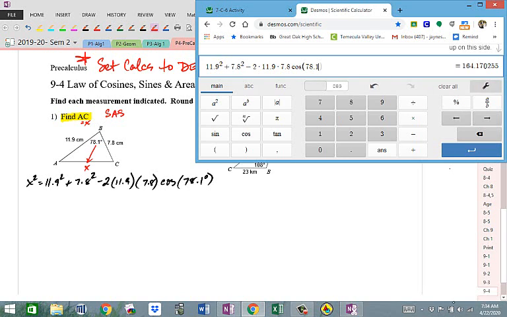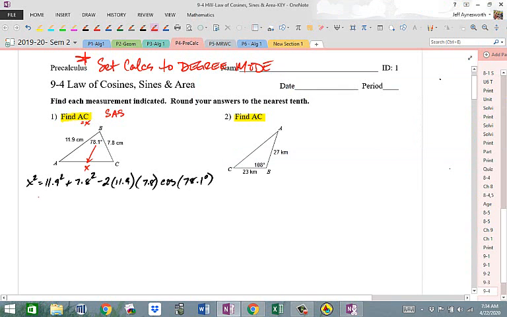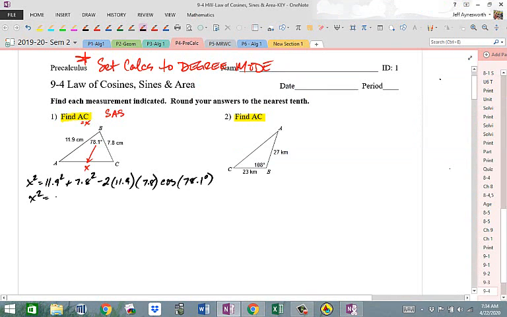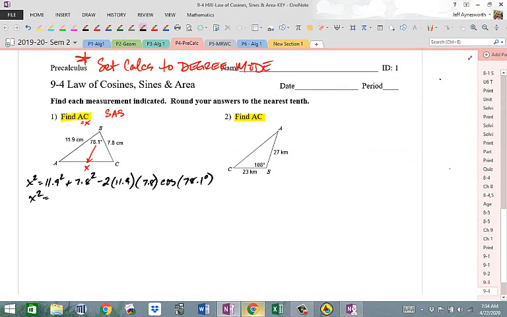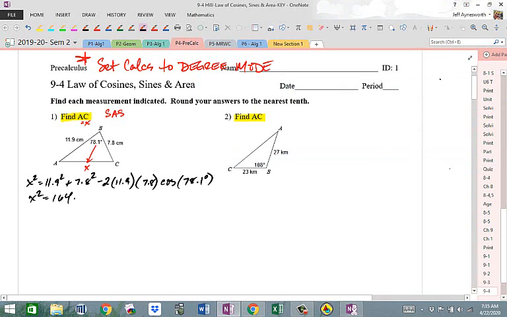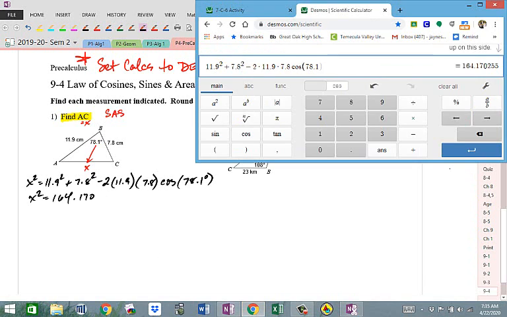And I get 164.17052. So I'm going to write that down here: x squared is equal to 164.170. Now you want to keep many of the digits here, so I'm going to write it down to 9 or 10 significant figures so you can get some accuracy.